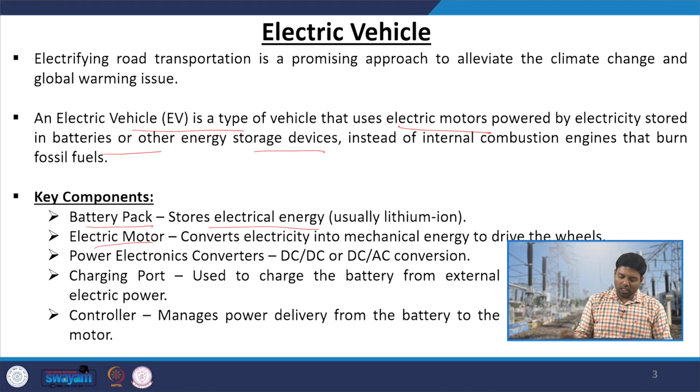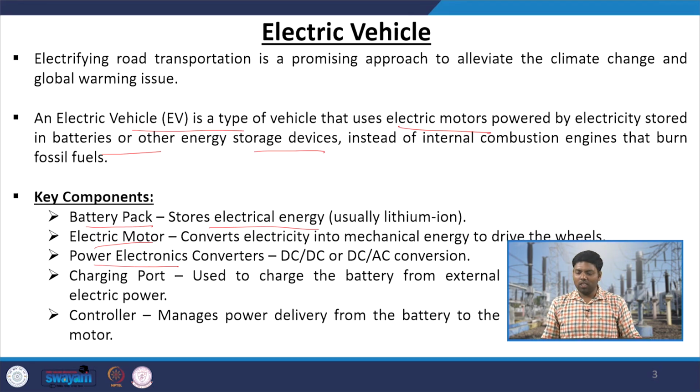Then you have electric motors that convert electrical energy to mechanical energy and drive the wheels. Then you have power electronic converters for DC-AC and AC-DC conversion, because we are doing charging, and you have multiple loads connected, like lights and ACs in your car. So, multiple conversions have to be done.